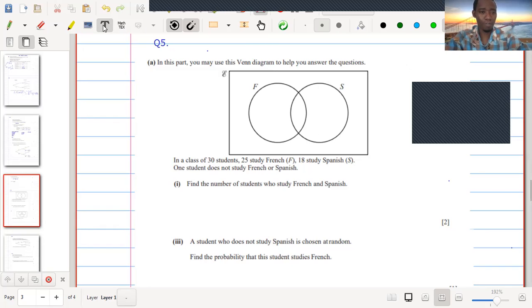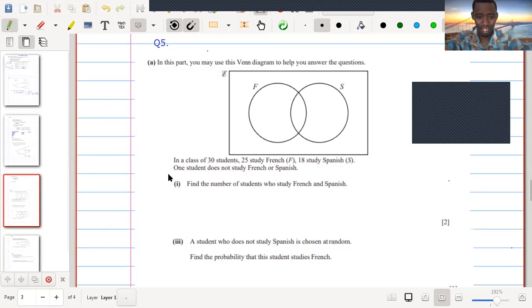Here we have, in a class of 30 students, 25 study French and 18 study Spanish. One student does not study French or Spanish. One student. This is the trick.